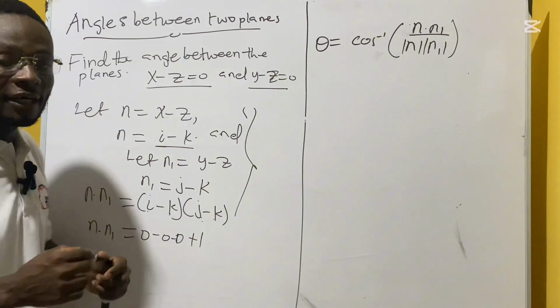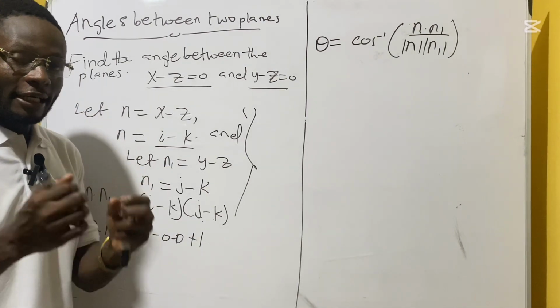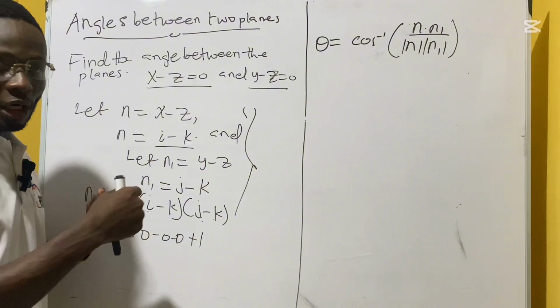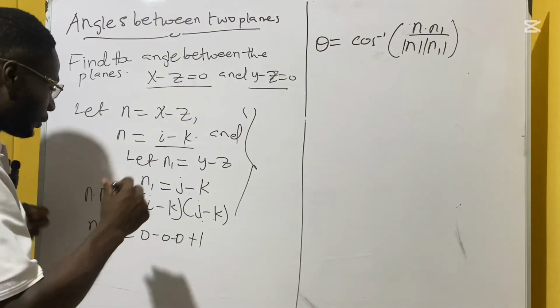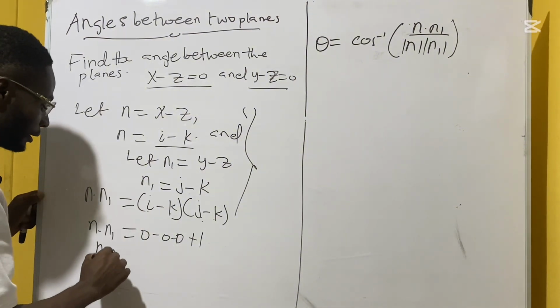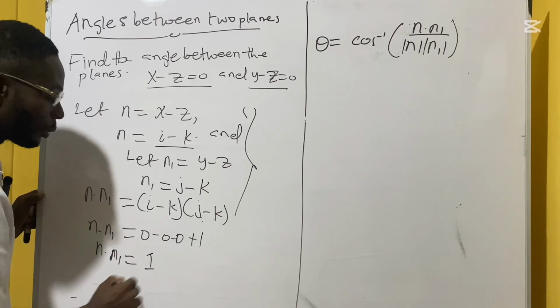So the dot product between these two normals is positive 1. So n dot n1 is equal to 1.